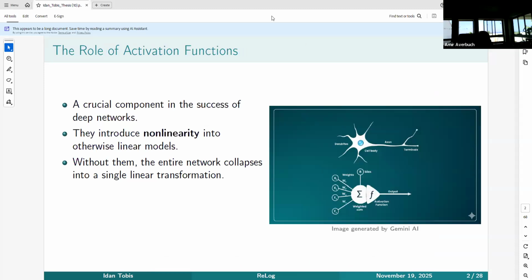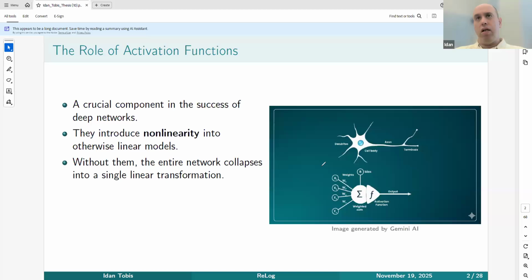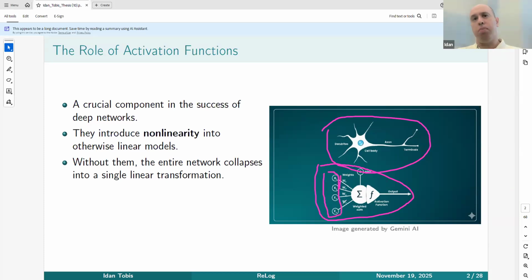Okay, so let me go. So the single neuron, this is a neuron, and it is supposed to mimic the activity of the biological neuron. So instead of dendrites, we have inputs, and we multiply these inputs by weights. The weights are learned by the neural network, and then we summarize all the multiplication.